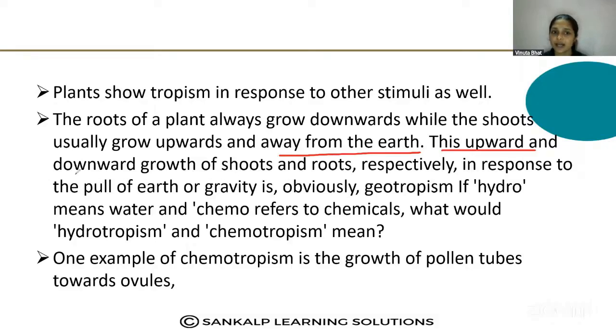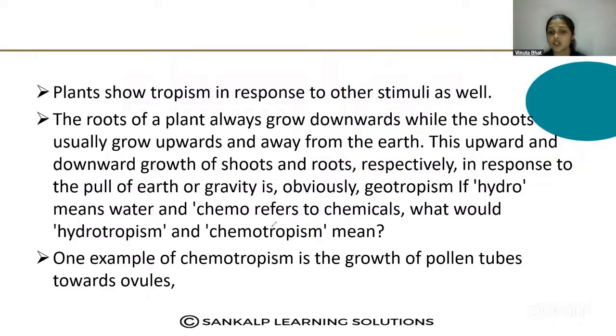This upward and downward growth of the shoots and roots respectively is because of gravity, so that is geotropism. The shoot growing towards the light is called phototropism.